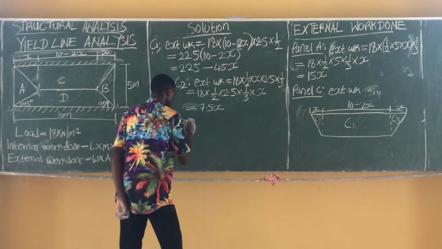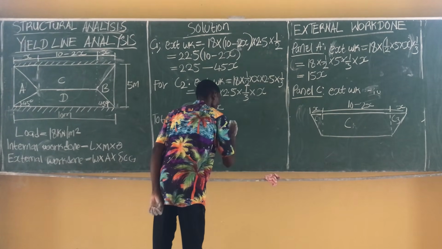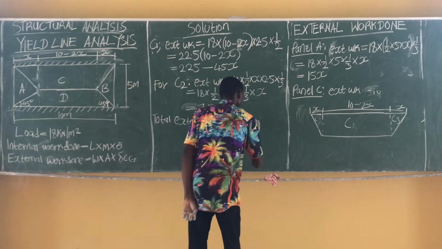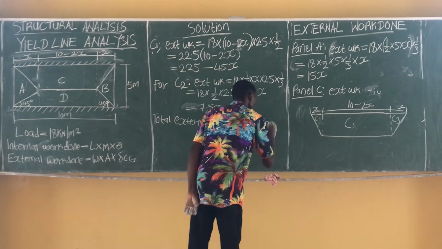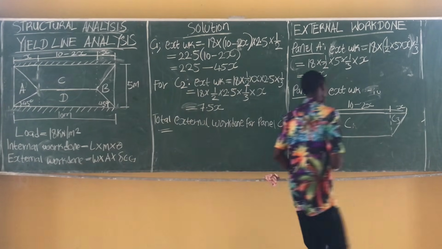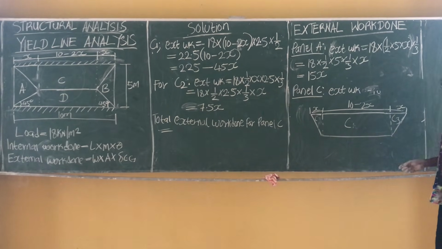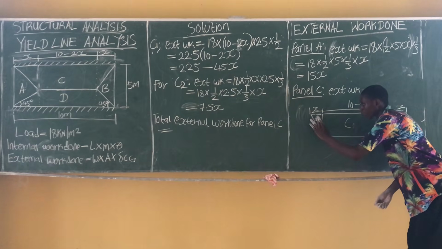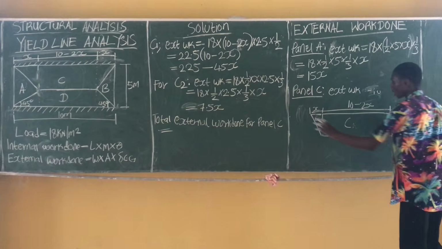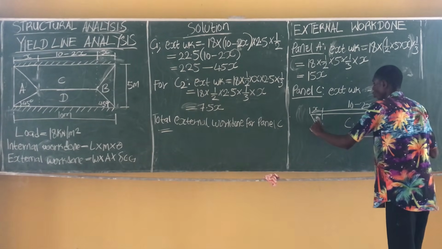Total external work done. So the total external work done for this whole segment we are considering, which we are calling panel C, is simply the external work done here, plus the external work done here, plus the external work done here. Now we know that these two segments, not minding my drawing, they are not to scale, the external work done at these two segments is the same.